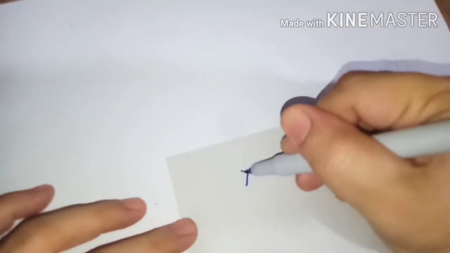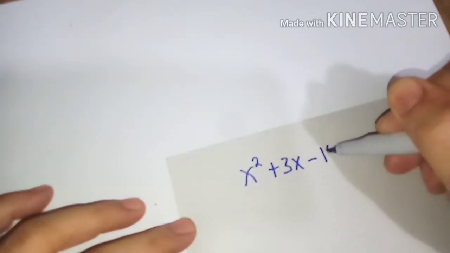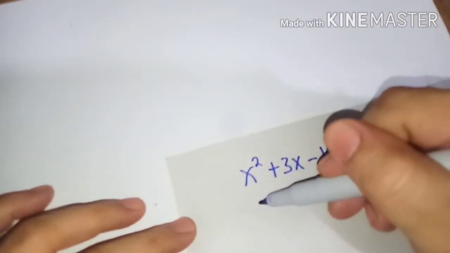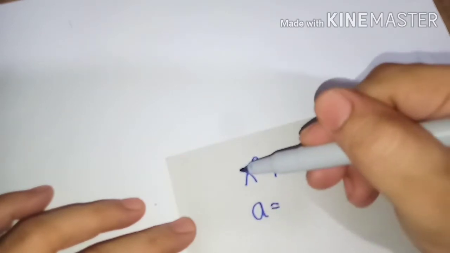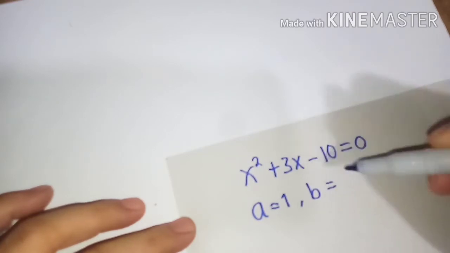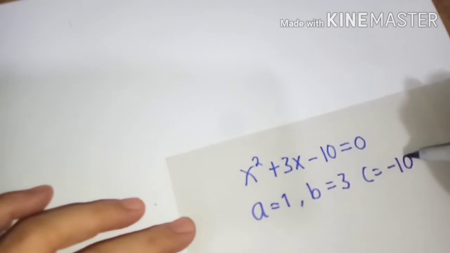Alright, let's start. Please give your full attention in this video in order for you to learn more about how to solve a quadratic equation by using the quadratic formula. Our equation is x squared plus 3x minus 10 equals 0. And then we are going to get the value of a, that is equal to 1, our b equals 3, and our c equals negative 10.